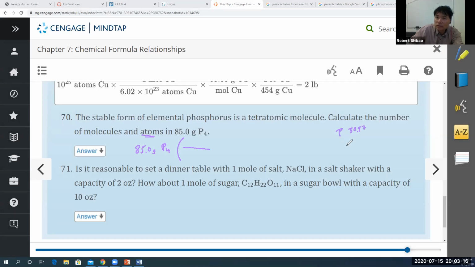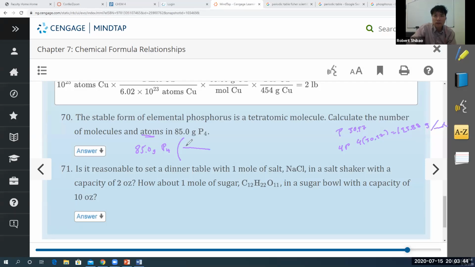So 4 phosphorus will be 4 times 30.97, which gives us 123.88. We're only allowed 4 sig figs, but I'll carry an extra.